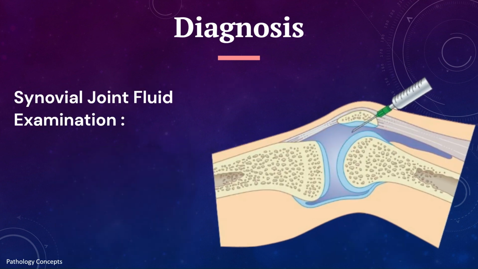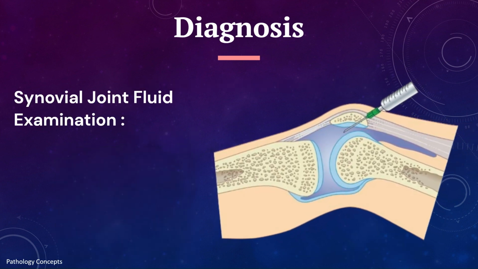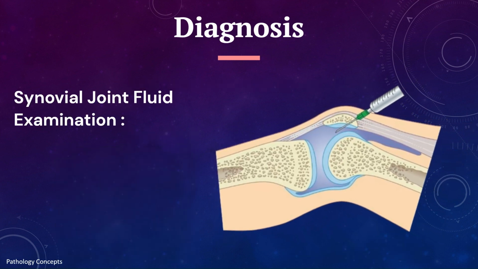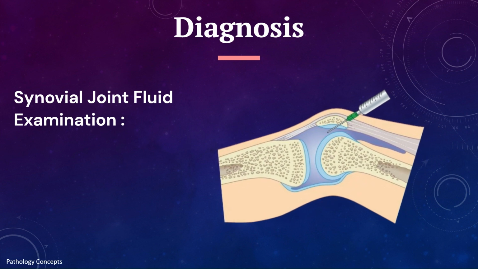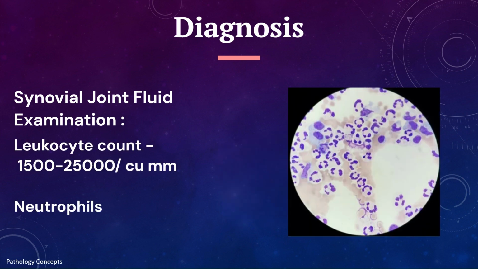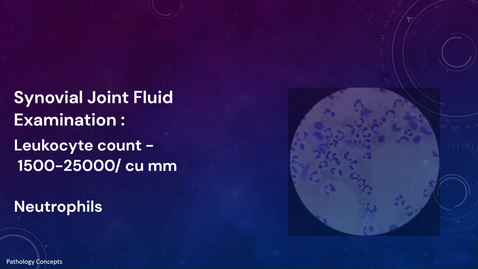If we examine synovial joint fluid in rheumatoid arthritis, then it reveals leukocyte count between 1500 to 25,000 per cubic mm, and it is predominantly polymorphonuclear cells. The synovial fluid in RA will also reveal low C3 and low C4 level despite elevated serum levels.